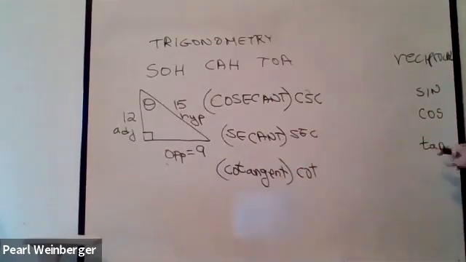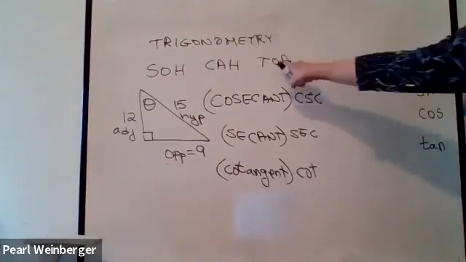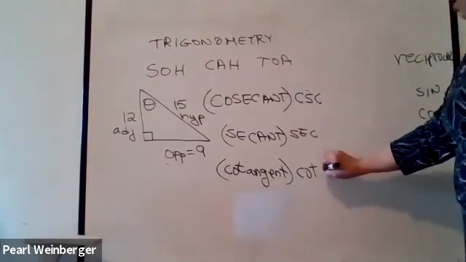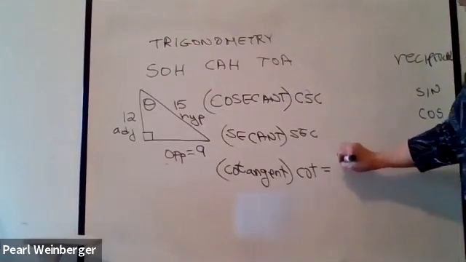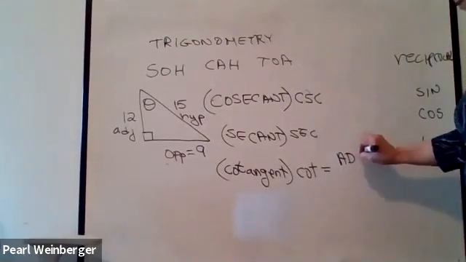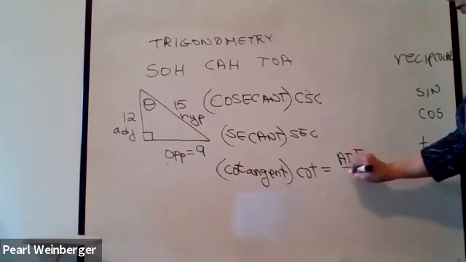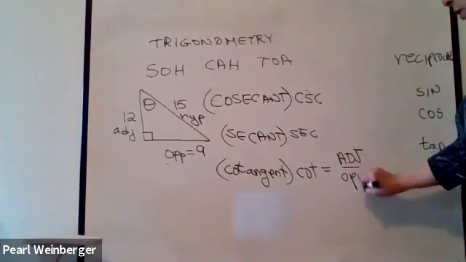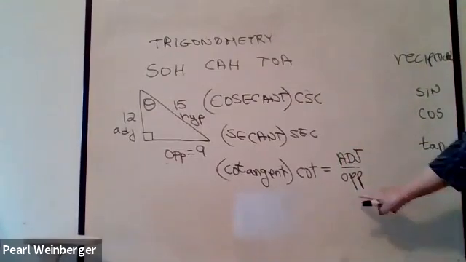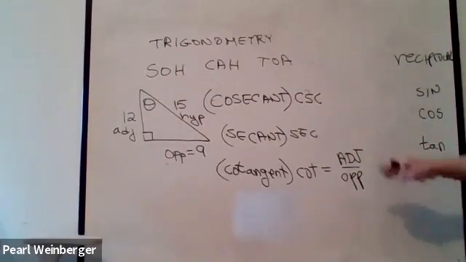In other words, since the tangent is opposite over adjacent, the cotangent is adjacent over opposite. The cotangent is the reciprocal of the tangent. It's just the whole thing turned upside down.